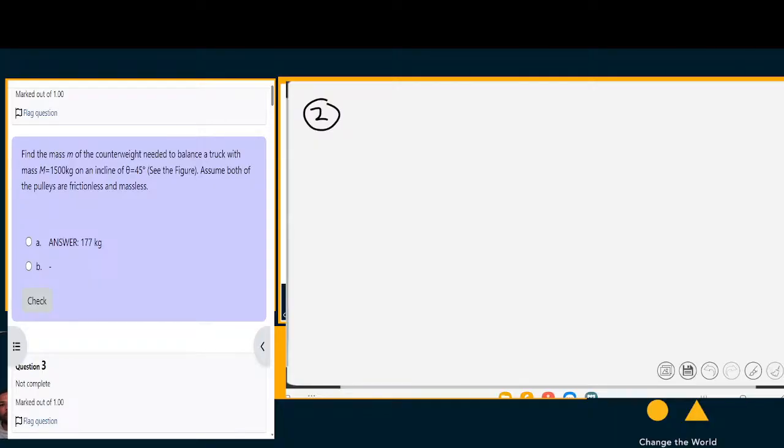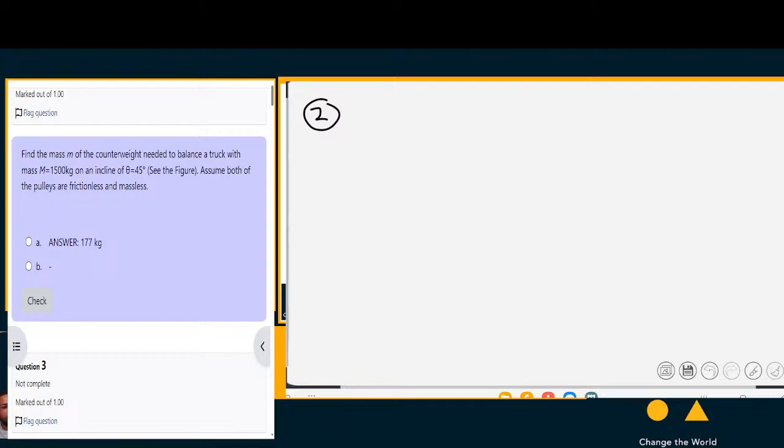So the problem is to find the mass of the counterweight needed to balance a truck with a mass of 1.5 kilograms on an incline of 45 degrees. See the figure. Assume both of the pulleys are frictionless and massless. And they give us the answer should be 177 kilograms.